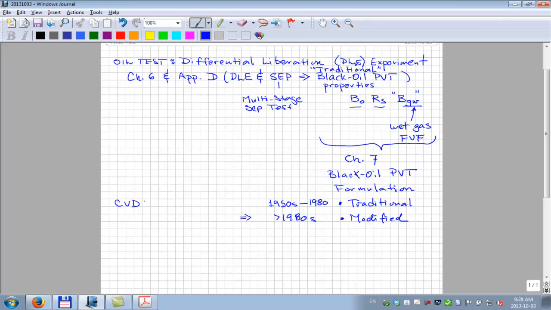It is typically for gas condensates, but it can also be used, and is often used, for high GOR oils, volatile oils.